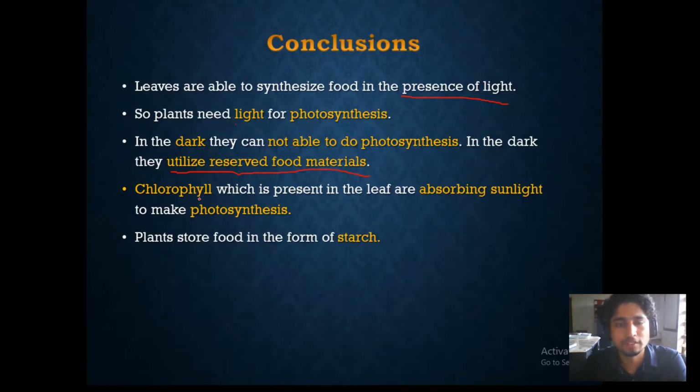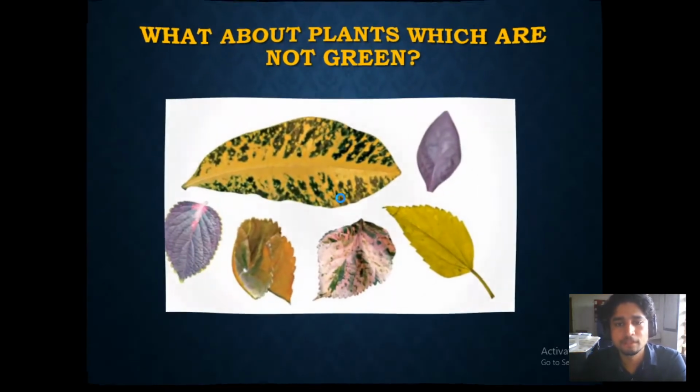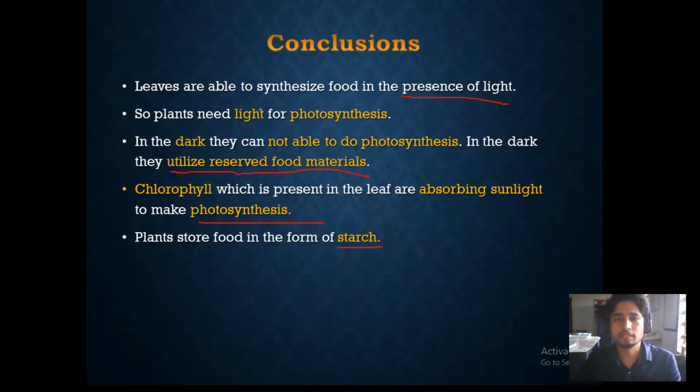And the chlorophyll, the green compound present inside the leaf, absorbs the sunlight energy to make photosynthesis, and plants store food in the form of starch. So that's what we have done, the starch test, to conclude whether they have done photosynthesis or not. I hope this activity is clear. It showed us that of the parts kept in light and dark, one could not do photosynthesis and the other was able to.